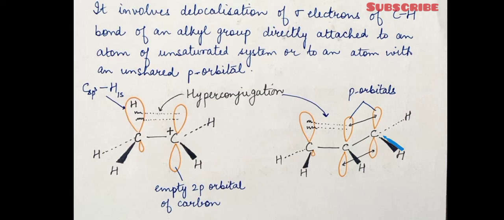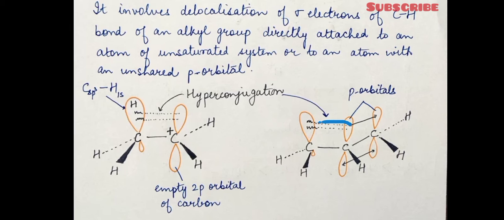Now you can see that this system is an unsaturated system and it has a single bond, that is a sigma bond, and a pi bond is formed by the overlapping of these p orbitals. Again, when hyperconjugation occurs, the electrons involved in the sigma bond will get dispersed or will move towards the p orbital of the carbon atom.